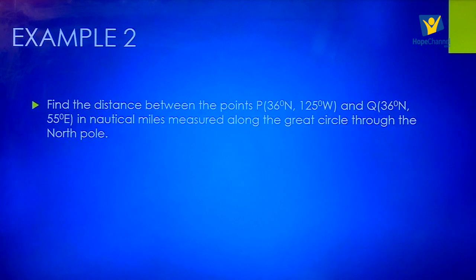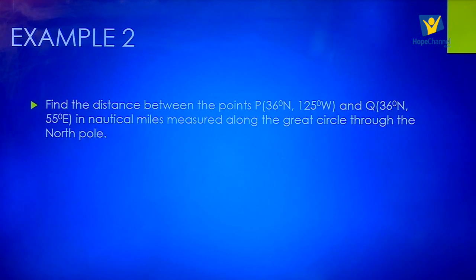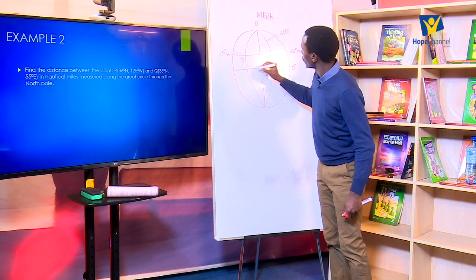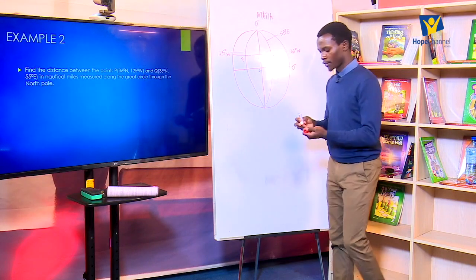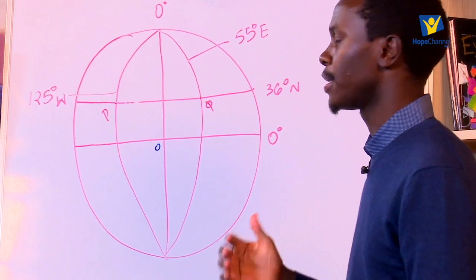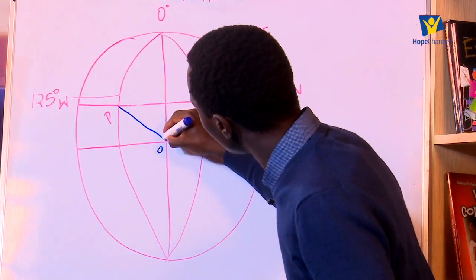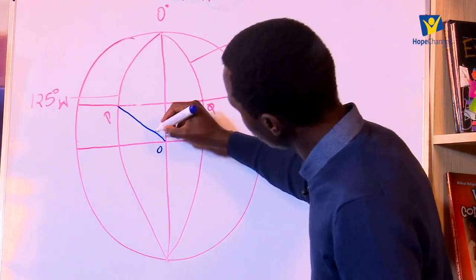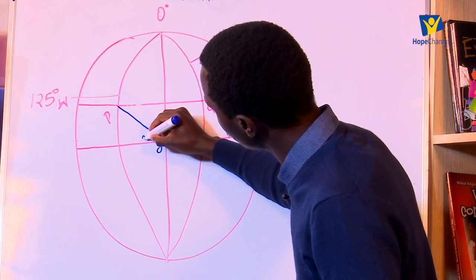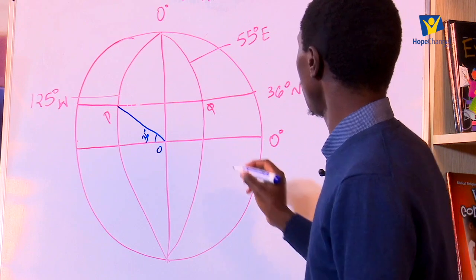Now, what is the angle that P makes with the center? This is P here, and we have Q. Now just join. Remember I said this 36 is the angle that is right there. And then we have Q here.